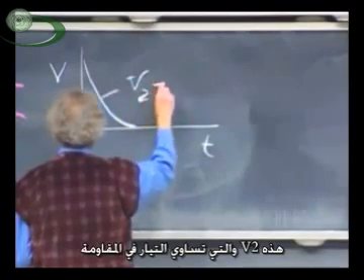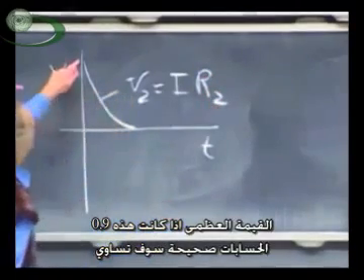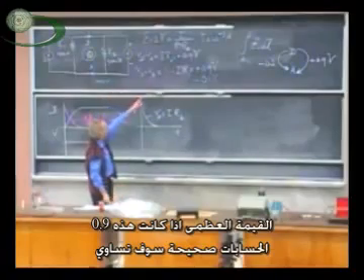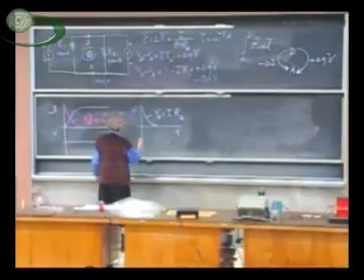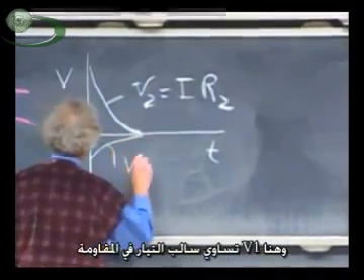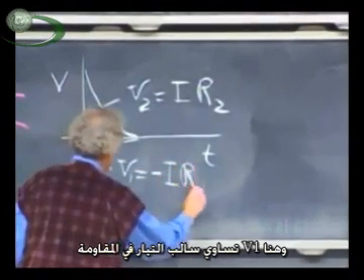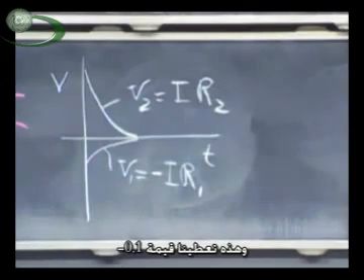This is V2, which is I times R2. At the maximum value, if those values were correct, it would be 0.9 volts. And V1 will go like this. V1 equals minus I times R1. That gives me the minus 0.1 volts.